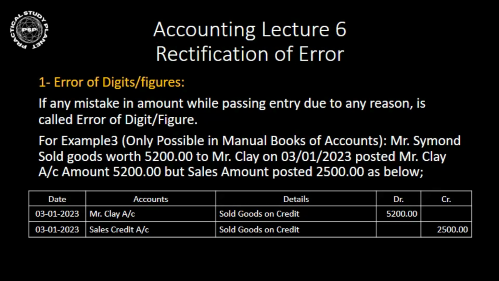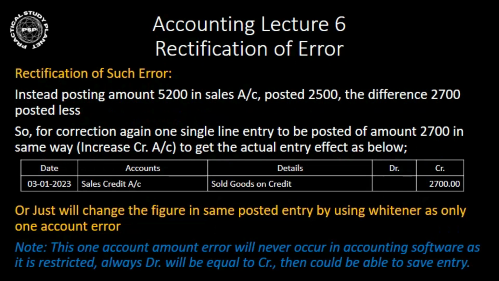In the third example, this is only possible in manual books of accounts. Mr. Simon sold goods worth 5,200 to Mr. Clay and posted the Mr. Clay account 5,200, but the sales amount posted was 2,500. One account is wrong, one is okay. In accounting software it is not possible because both debit and credit should be the same, otherwise we cannot save the entry. So Mr. Clay was debited accurately, there is no mistake in the Mr. Clay account, while in the sales account there is a mistake, as 2,500 was posted.